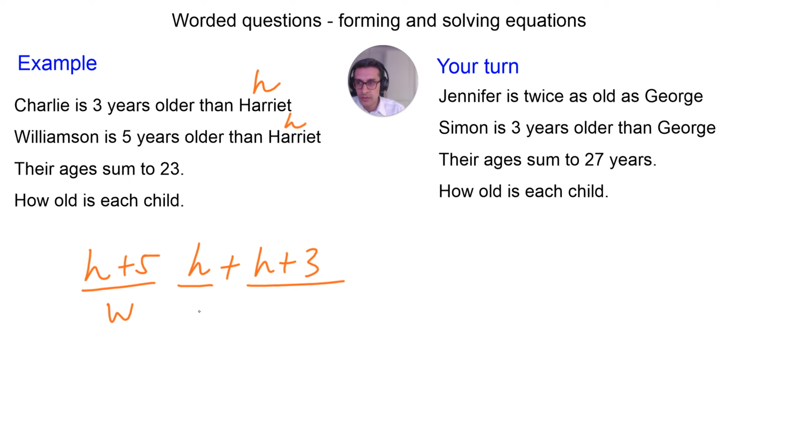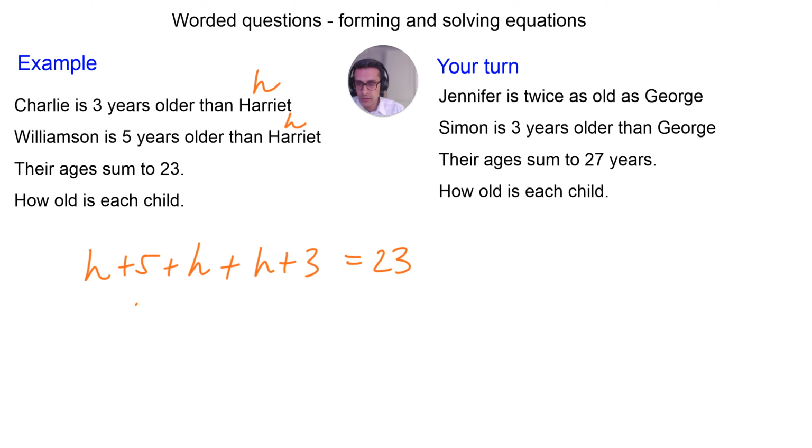So Williamson, Harriet, and Charlie. So all of these together will sum to 23. So just rub this out, and that is your equation. And once we know what Harriet's age is, the others we'll figure out from here.